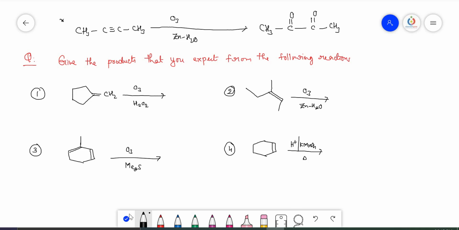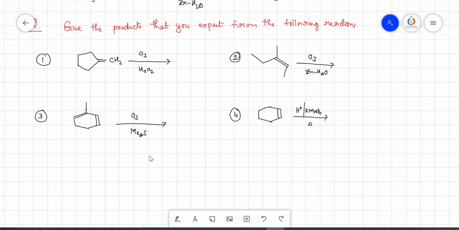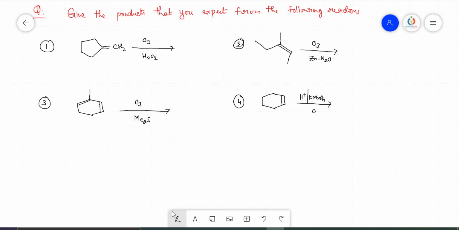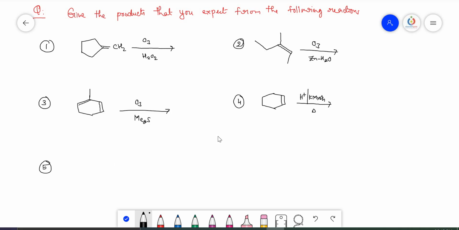But actually only acidified KMnO4 gives these products, not the OH minus KMnO4. OH minus KMnO4 reactions are a bit different. But even though some people give OH minus KMnO4, you just follow the H plus KMnO4 like products even for OH minus KMnO4.